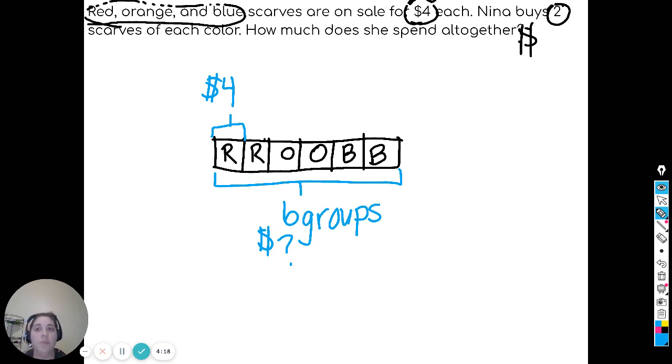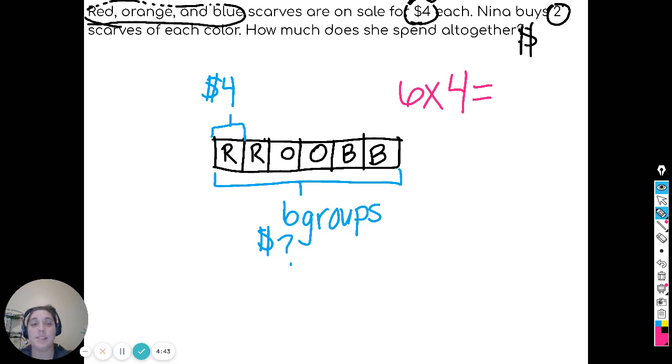If we don't know the total, it can't be a division problem, because to do division, that big number goes first. And if we don't have that big number, then it's not division. So that leads us to doing a multiplication problem. Well, I know the number of groups. There's 6 groups of, each scarf costs $4. So there's 6 groups of 4.